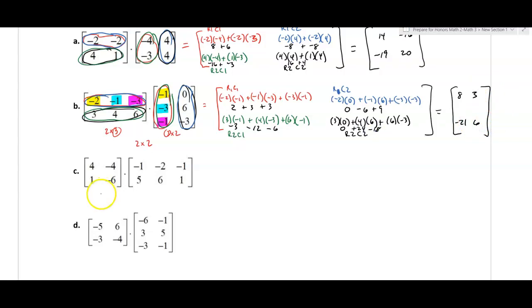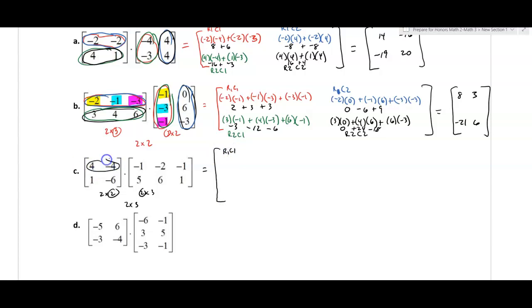Okay, so now here, next one, we have 2 by 2 multiplied by a 2 by 3. These match up, and we know we're going to end up with a 2 by 3 matrix. So we go to multiply these, right? So the first one is row 1 times column 1.